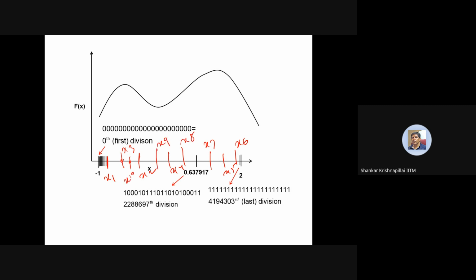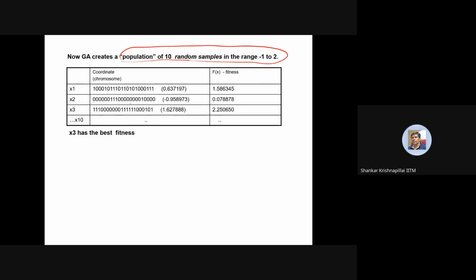The genetic algorithm will randomly pick 10 x coordinates from the x-axis. Only 2-3 values are written here because it is extremely difficult to convert the decimal to binary.